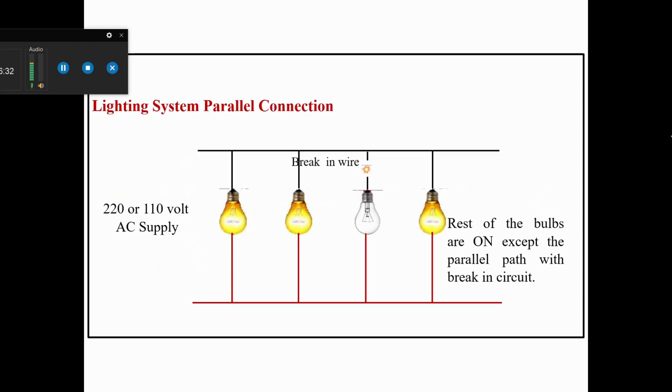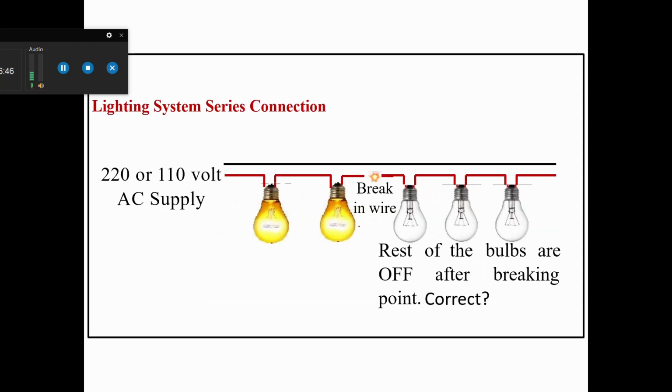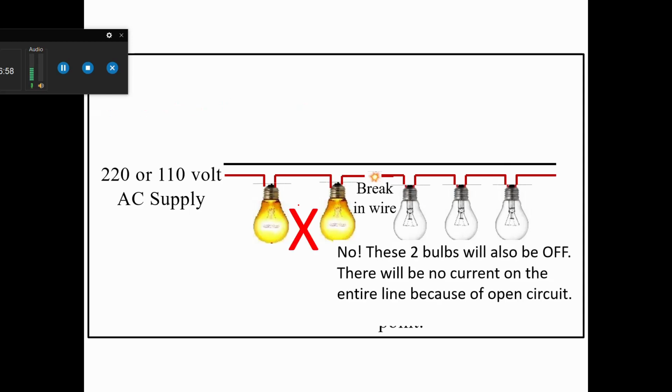Then we can just say that if we have a parallel circuit and a single circuit breaks, the loop stays completed, so the rest of the lights will work. But if we have a series circuit and a single bulb is broken, the whole chain will be incomplete, and the circuit will not work.